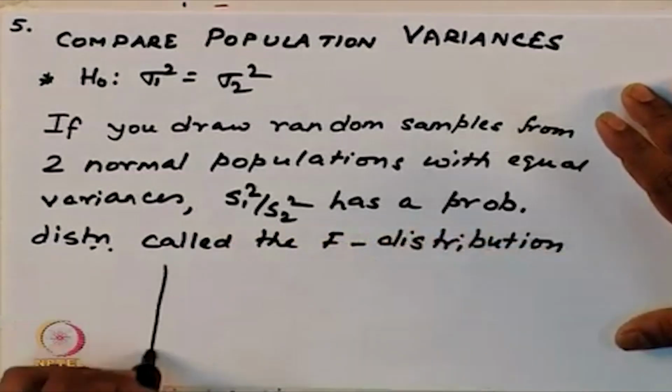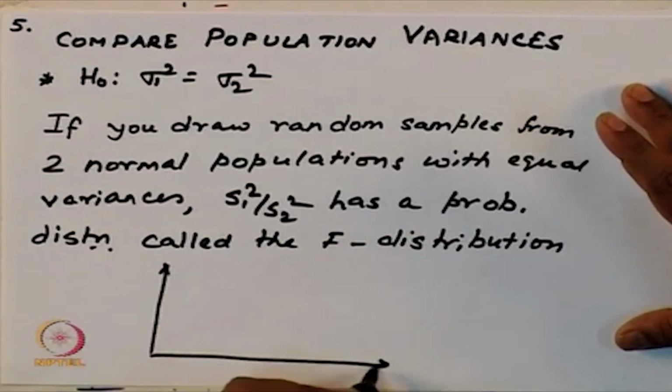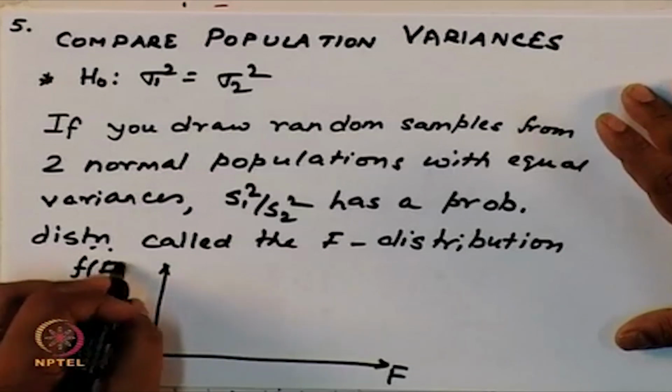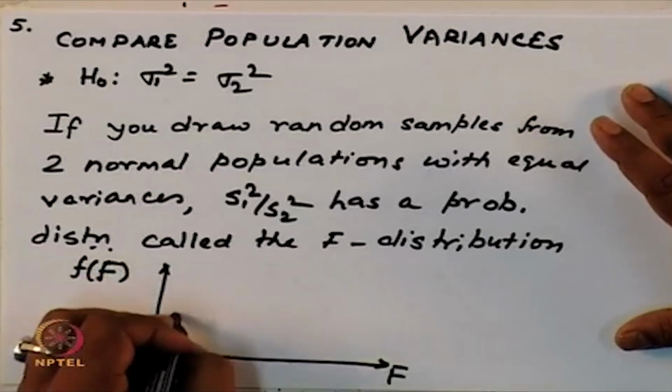So, this is the metric F, and the F distribution looks something like this.